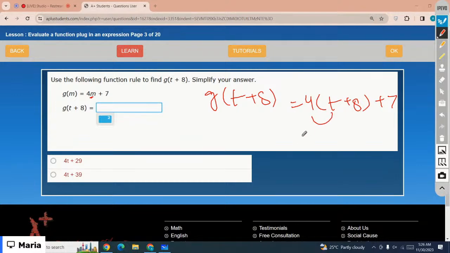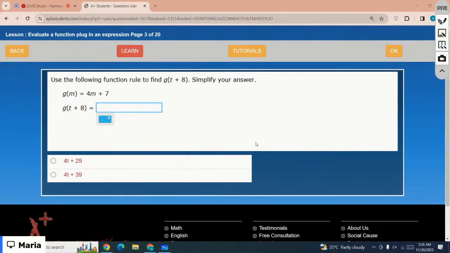So 4 times t is 4t and 4 times 8 is 32, plus 7. You need to collect the like terms. So the correct option is 4t plus 39. The correct option is option number 2, that is 4t plus 39, right?